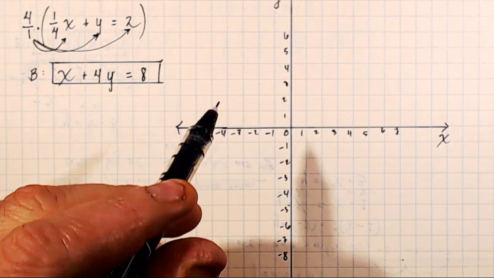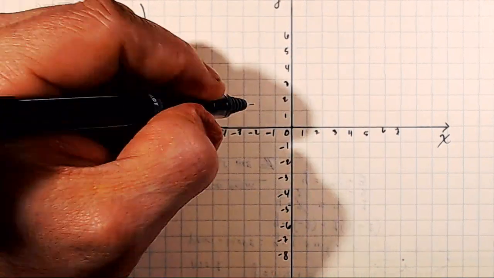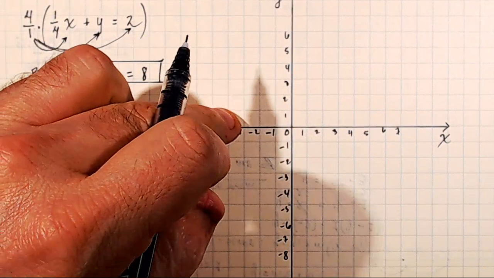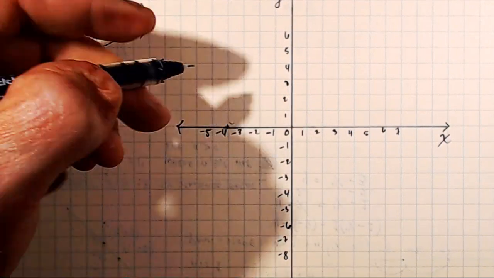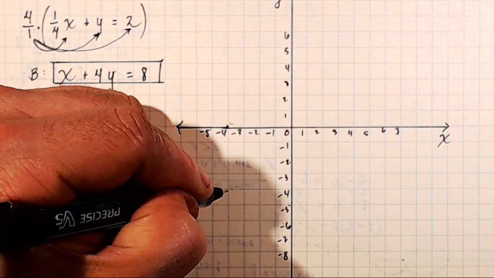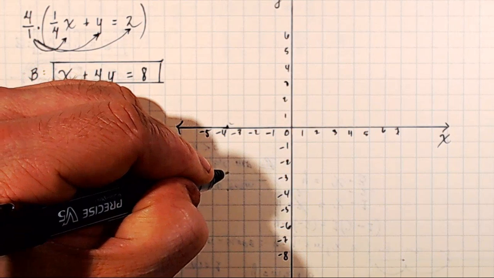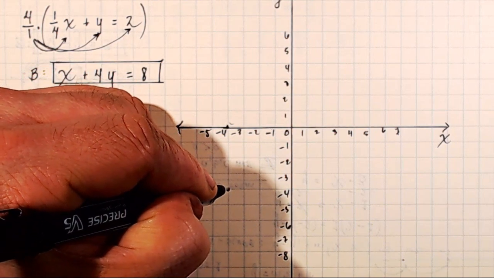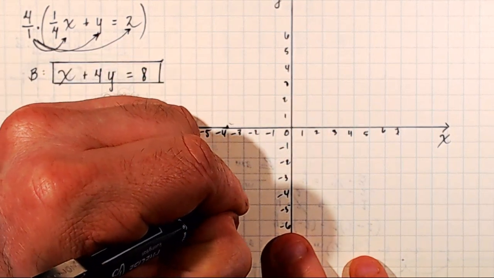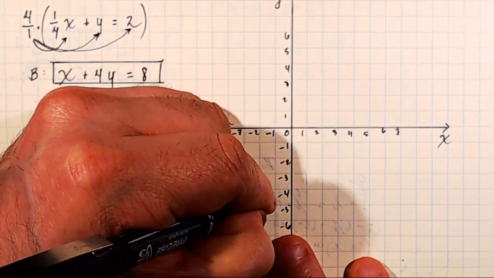What we'll do first is find -4 on the x-axis, right here, -4, and then go down 4 from there. So down 4: -1, -2, -3, -4. Yep, right there. So that right there is (-4, -4).